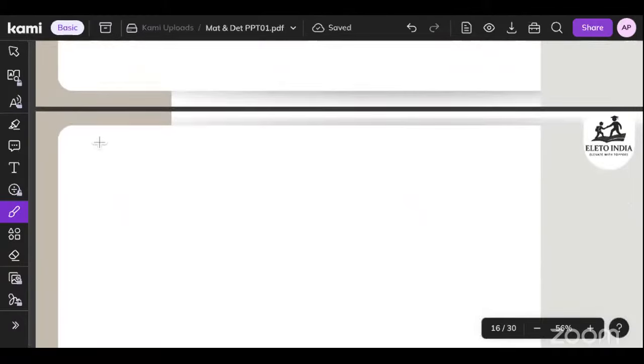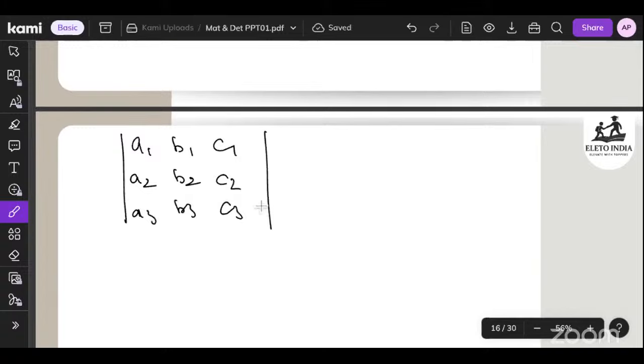If you are having some matrix A1, B1, C1, A2, B2, C2, A3, B3, C3, you are multiplying some k with this term, and then you can multiply this k with any one of the rows or columns.